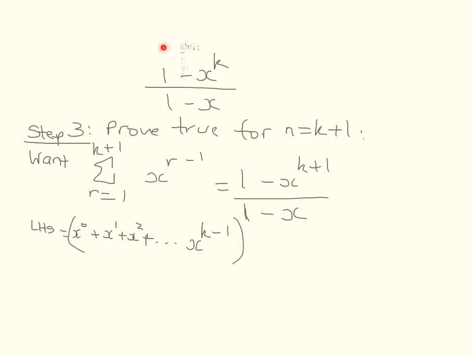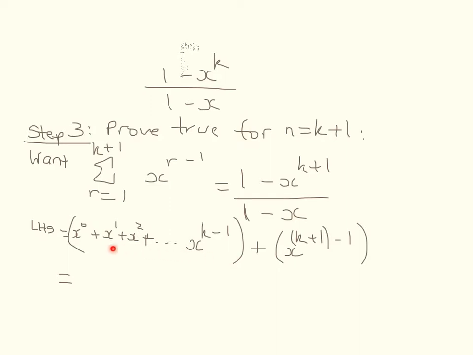We know I can replace it with that. Plus, so I've subbed in k, but now I need to sub in k plus 1. So the only remaining term is x to the k plus 1 minus 1, which is just x to the k. And we need to show all of that equals the right-hand side here.